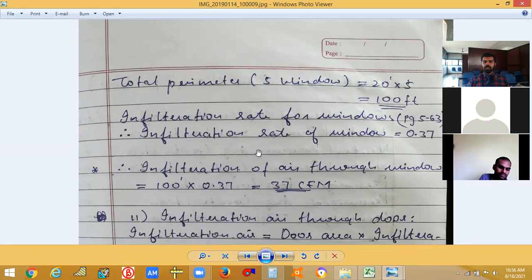E20 sheet means these values will be put into an Excel sheet. Here we need to calculate 100 into 0.37, but there Excel does the calculation automatically. So just give the value in that Excel sheet, and you will get this 37 there.